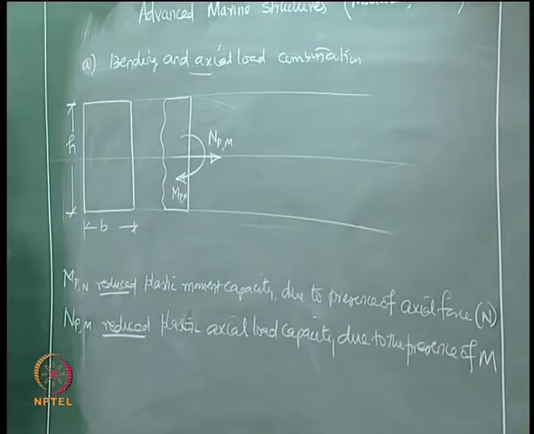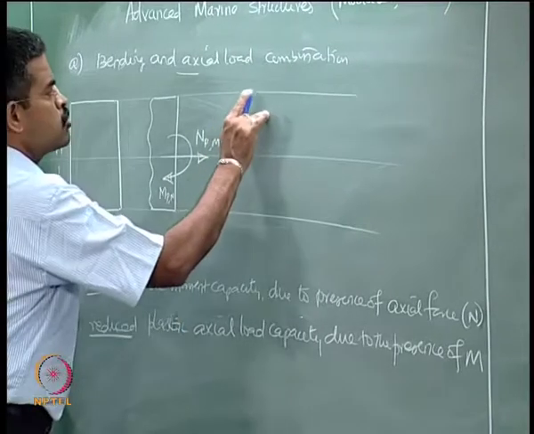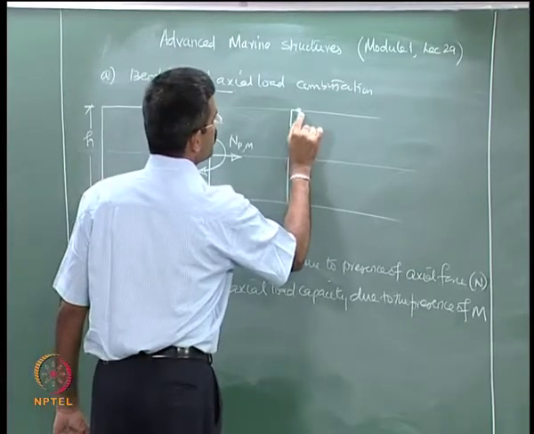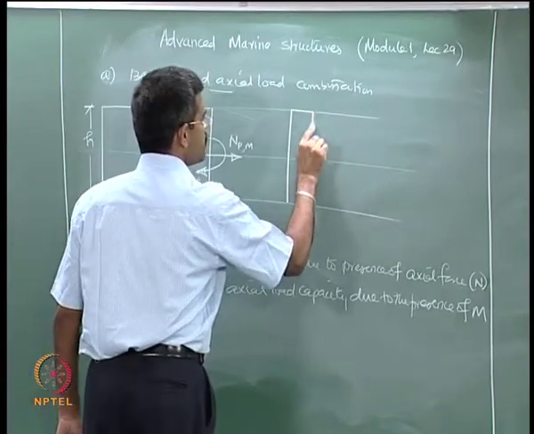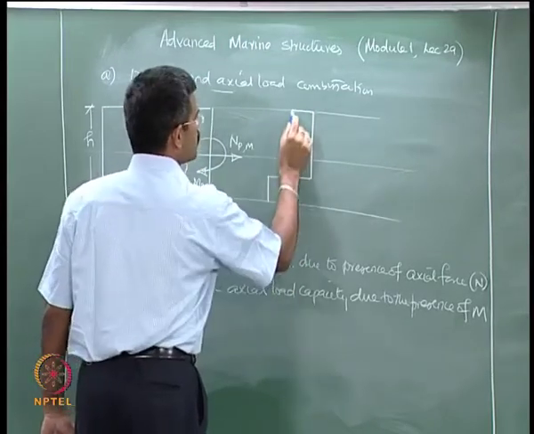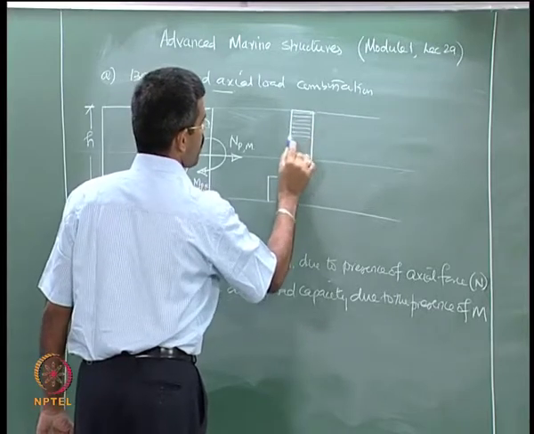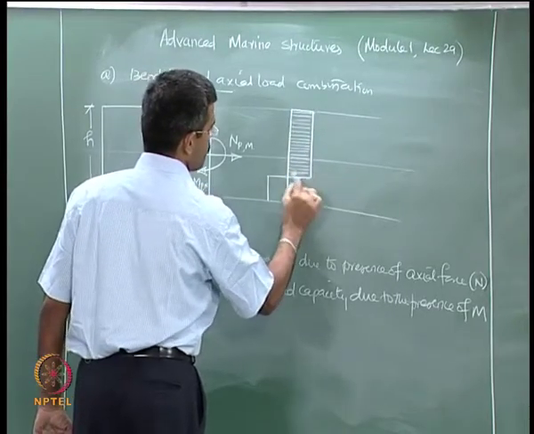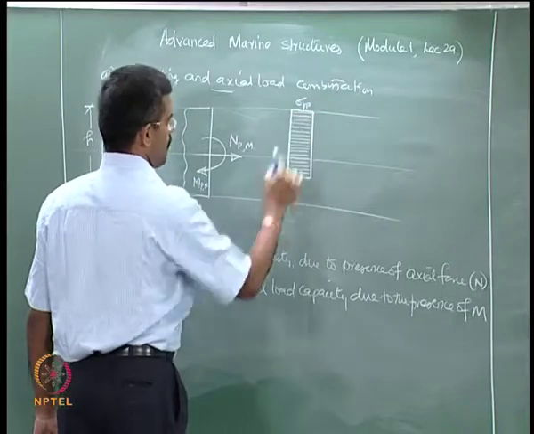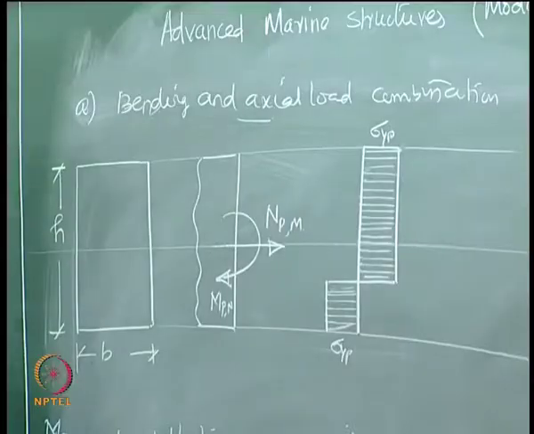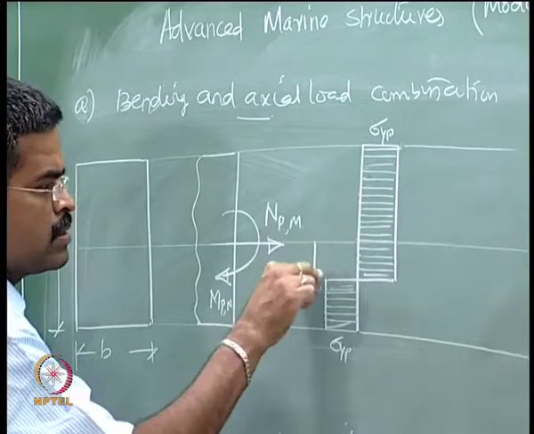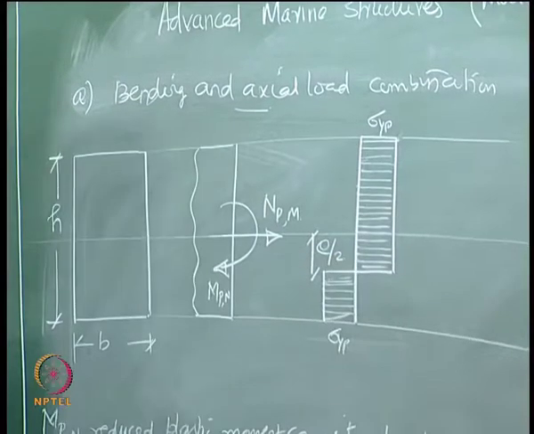Okay, we are looking at that. The stress distribution looks like this, and the combined action it looks like this. Sigma yp, sigma yp, and let me call this distance as E by 2.